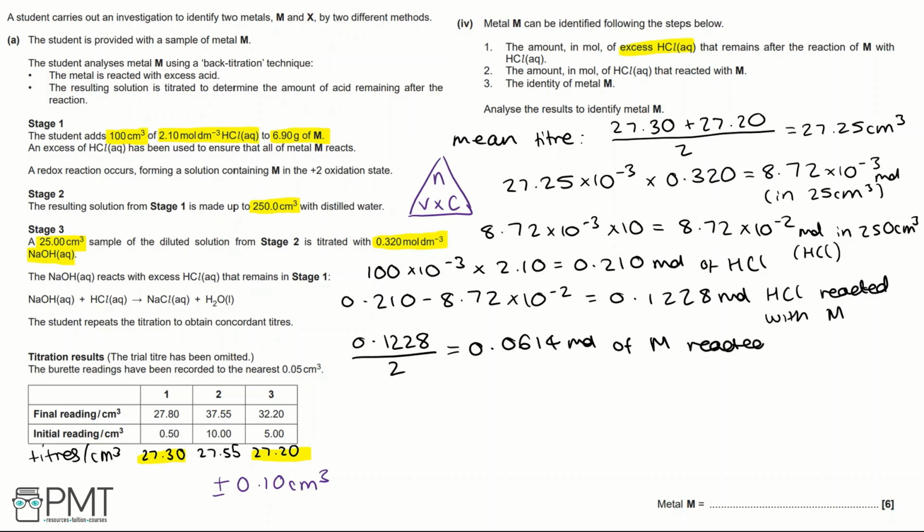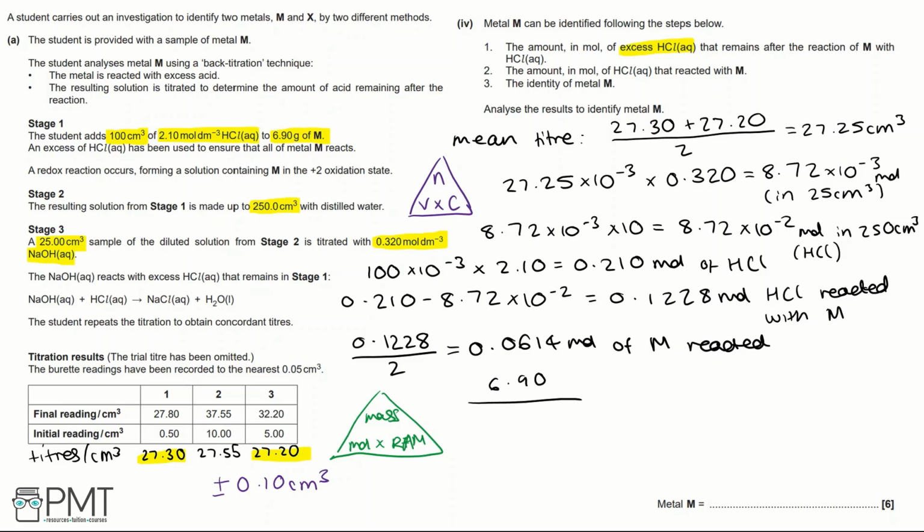Now we're going to use a second equation triangle. And this is going to be our equation triangle where we have mass is equal to the number of moles times relative formula mass. Or in this case, it's going to be relative atomic mass because we're only working out the relative atomic mass of the metal. So the way we're going to do this is we're going to take the mass of M, which is 6.90, divide it by the moles of M that's reacted that we've just worked out.